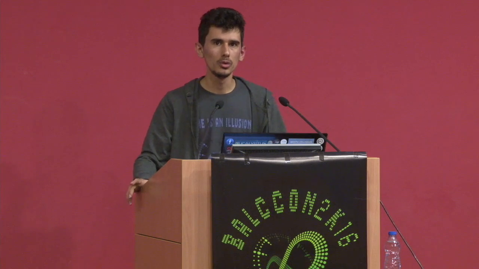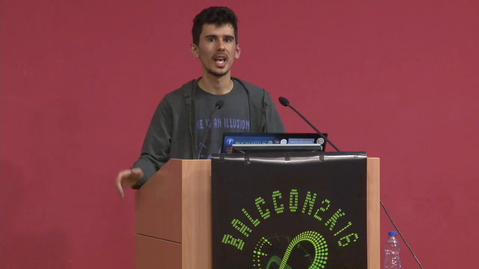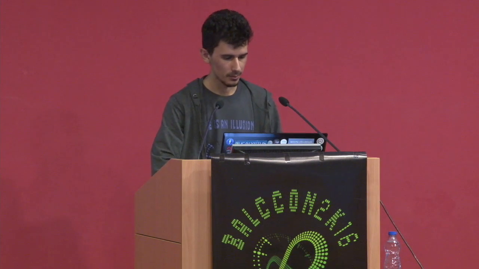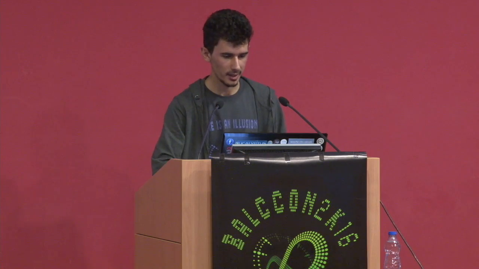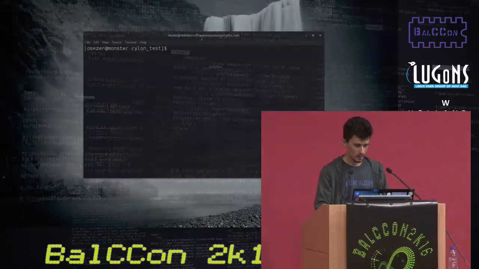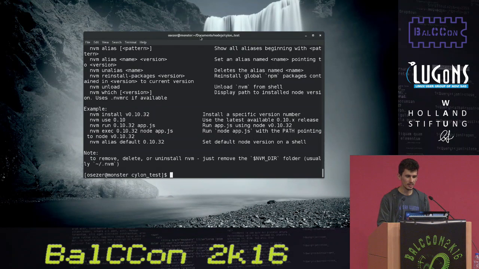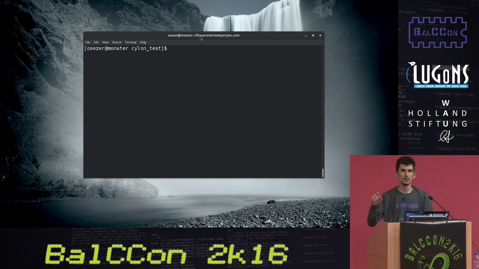But you can also use NVM, let me show. This is what I'm doing right now at the moment. There is something we call NVM, which I installed. With NVM, you can control multiple versions of Node.js and install any version you like.